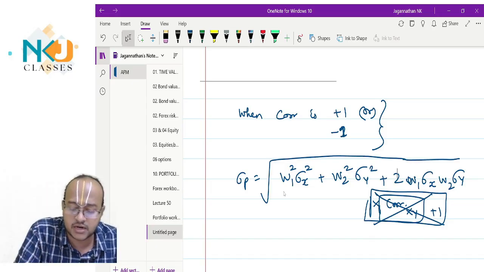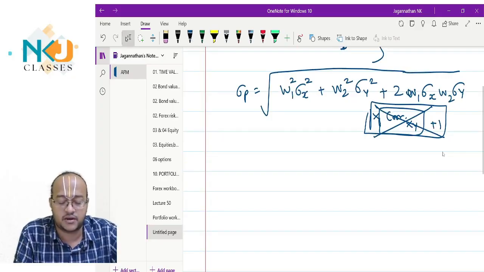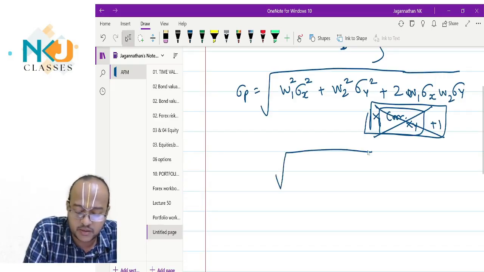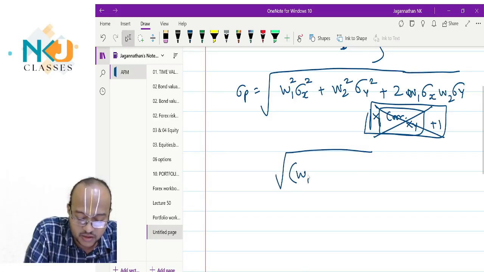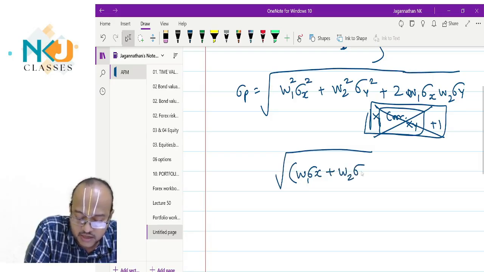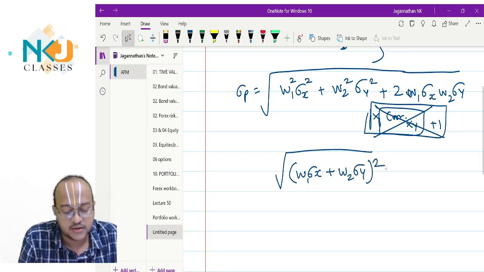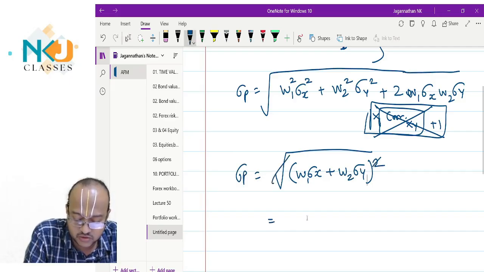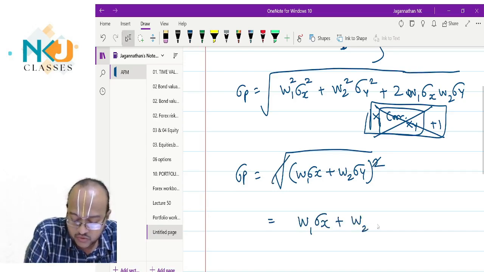This is nothing but, you can write it like a plus b the whole square. Something similar to a plus b the whole square. How will you write? See here, w1 sigma x plus w2 sigma y the whole square. Correct? Are you all understanding? Is equal to, the square root you remove, this square you also remove, weight 1 sigma x plus weight 2 sigma y.